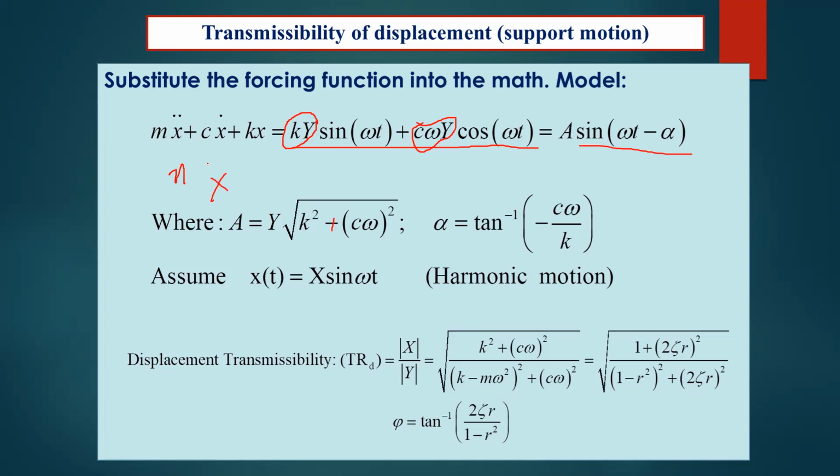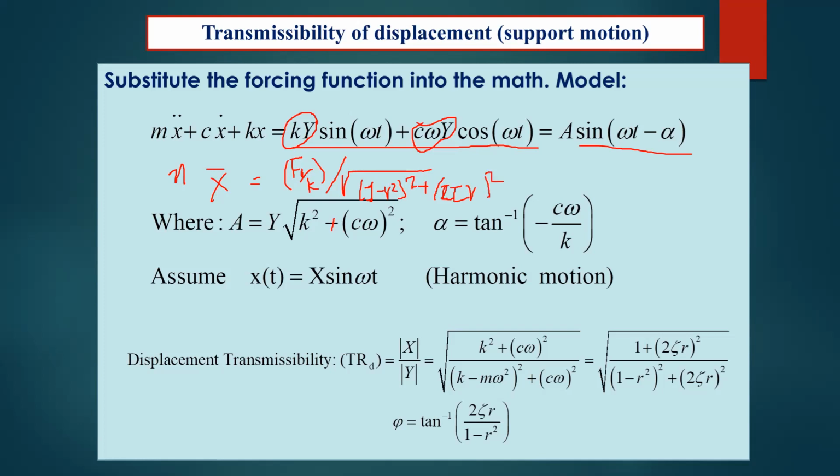X is equal to F naught over k, the whole over the radical of (1 minus r squared) the whole square plus (2 zeta r) the whole square.